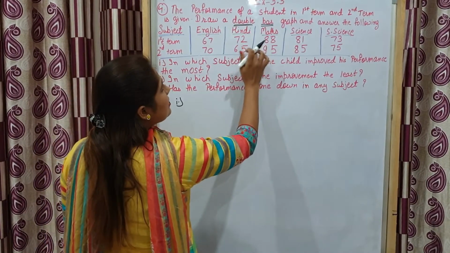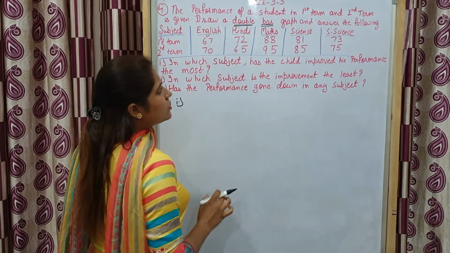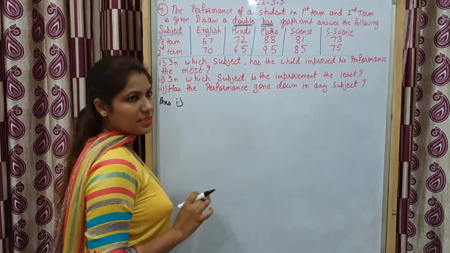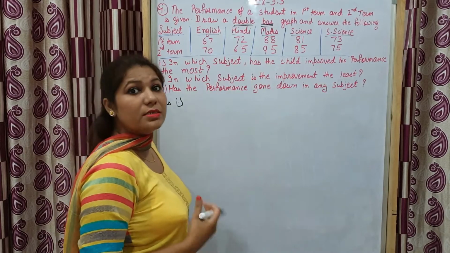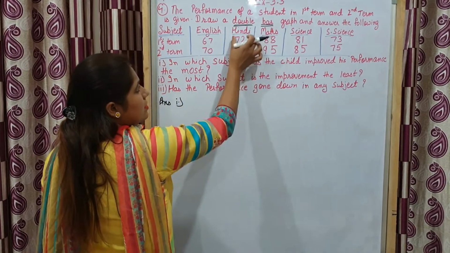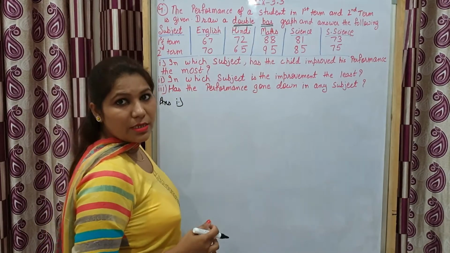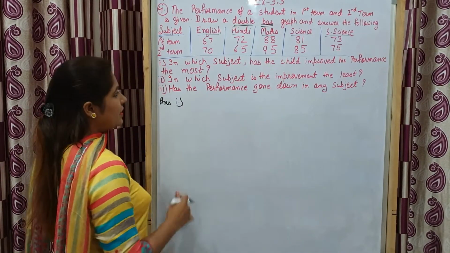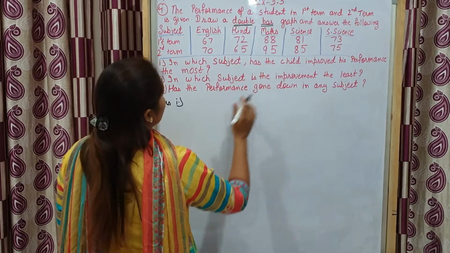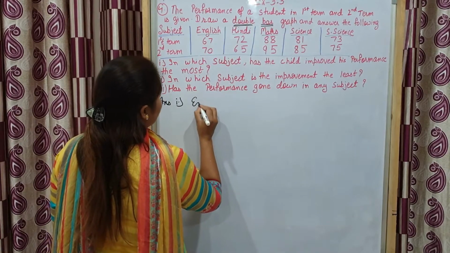Now see in Hindi, first term 72 and second term you got 65. It means marks are not increased, it is decreased. So here there is no increase in marks. So first of all we will write for every subject how much it increased. First of all we will write the subject English.